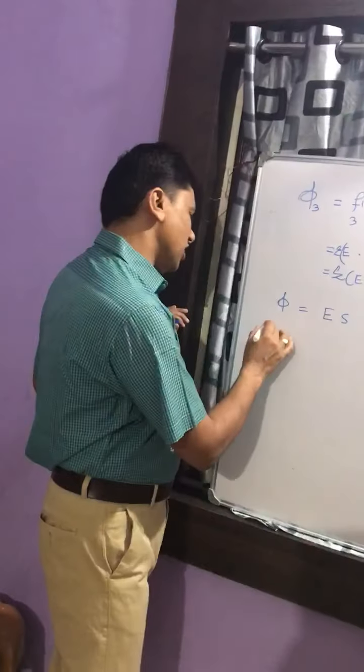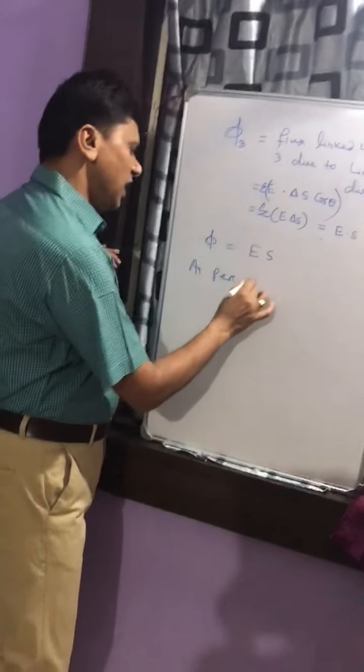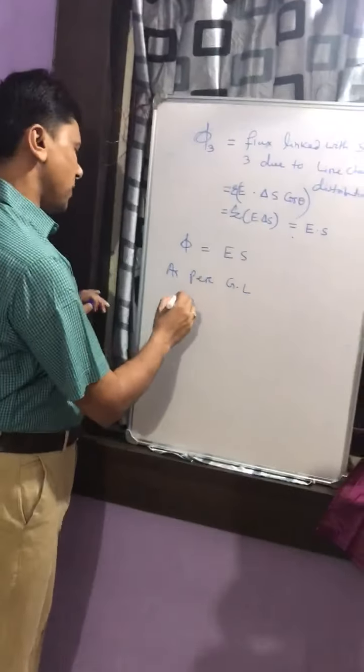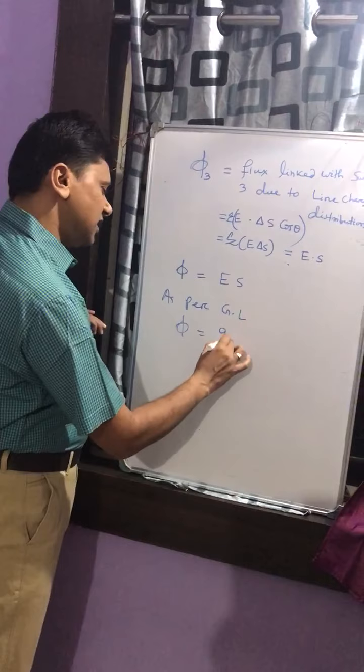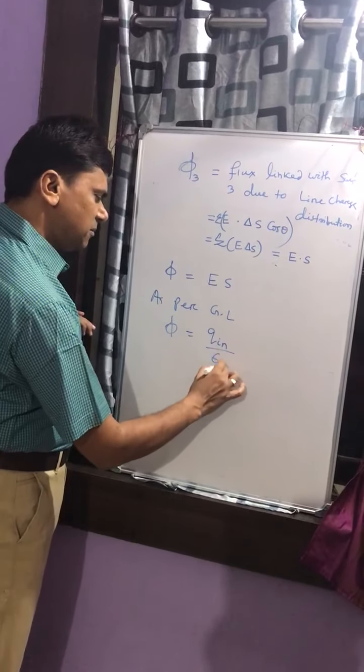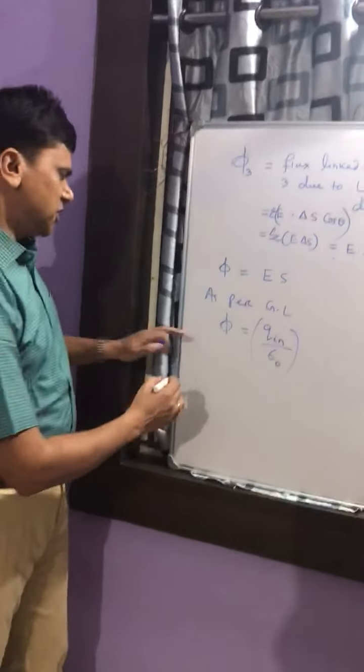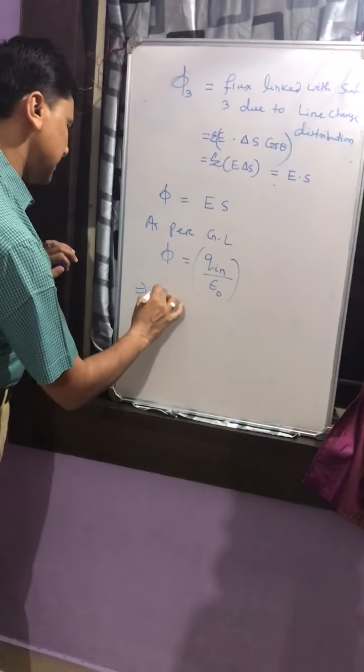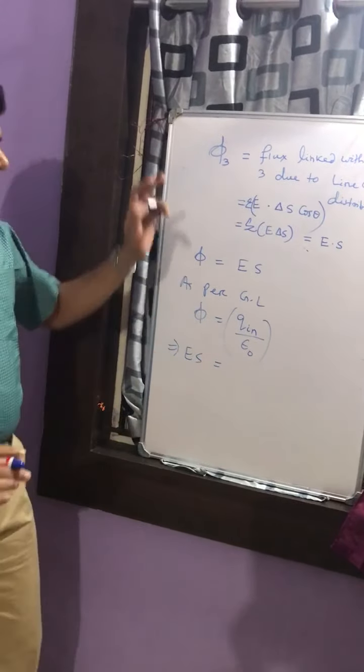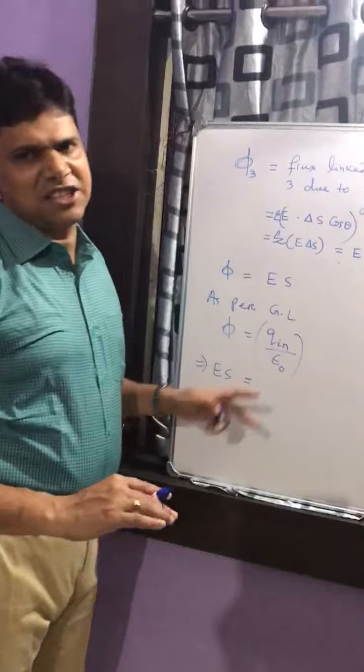So as per Gauss law, phi equals the charge inside the Gaussian surface divided by epsilon 0, and phi equals E into S. Now we will find the charge inside the Gaussian surface.